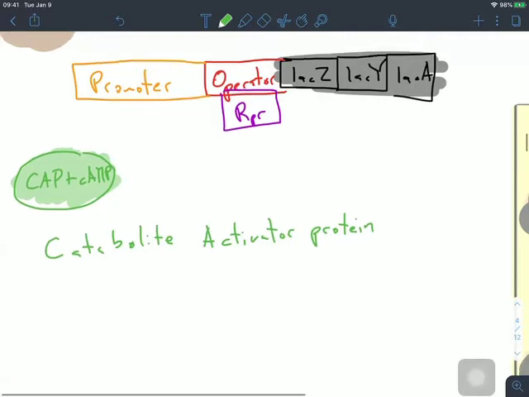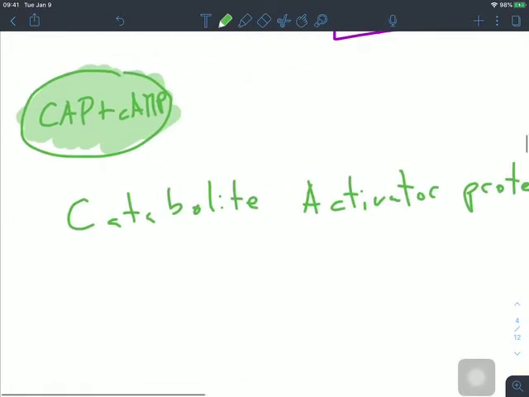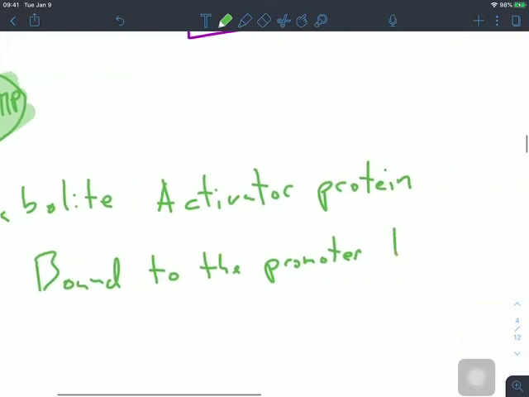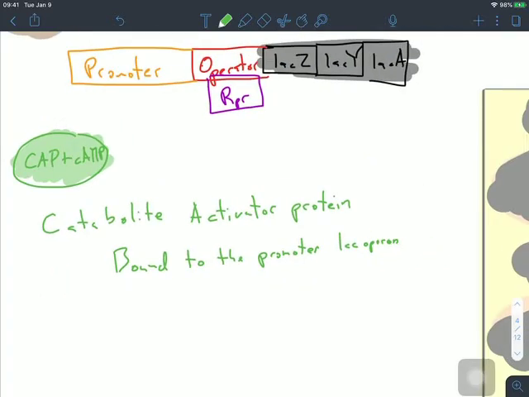This protein is going to be found bound to the promoter of the lac operon, and it's found bound to the promoter when it is in this CAP-cAMP form. It can alternatively be changed into just a CAP form. The CAP is this catabolite activator protein.